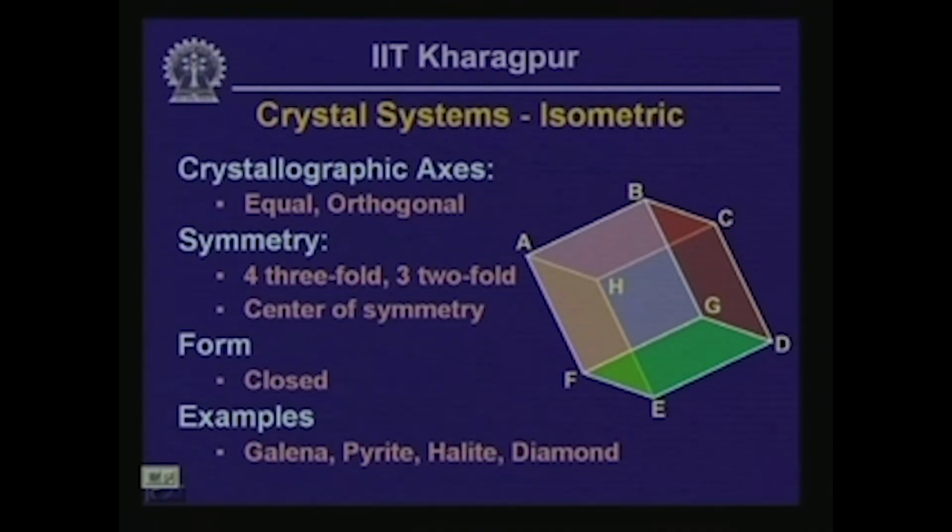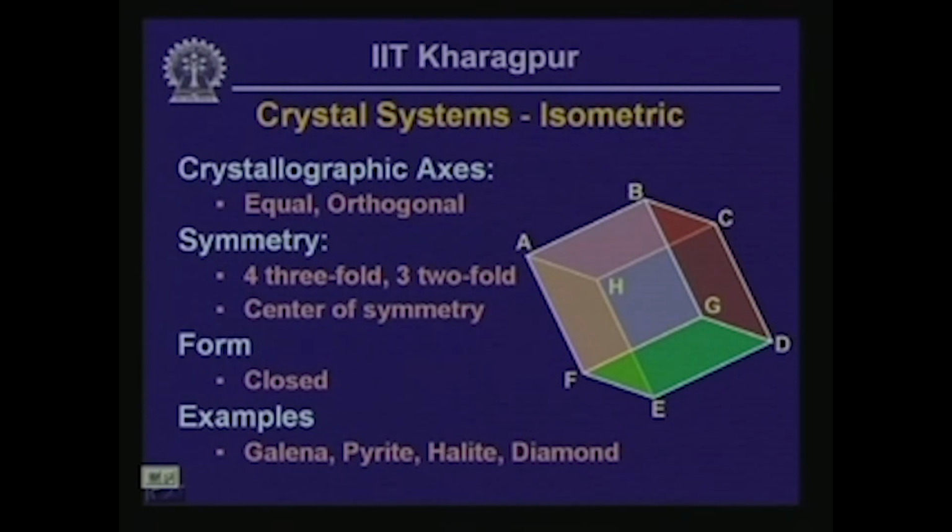It has got a cubic appearance. Now, for this type of crystal, this is the simplest structure really. In this case, you have got to have 4 3-fold symmetric axes. Now, those axes are the solid diagonals of this particular form.